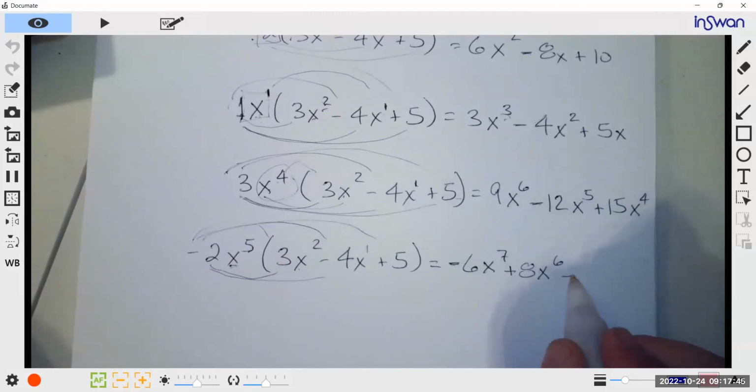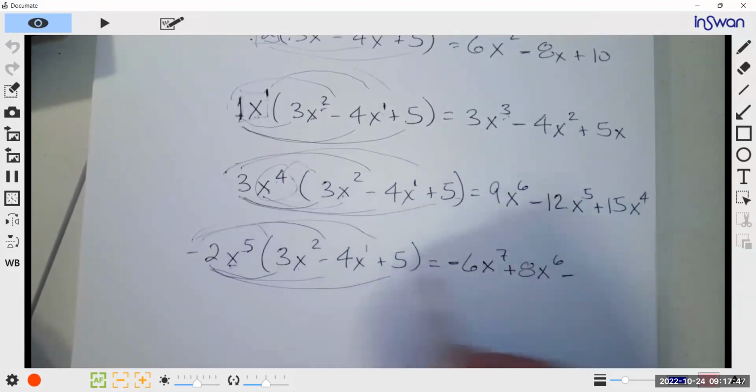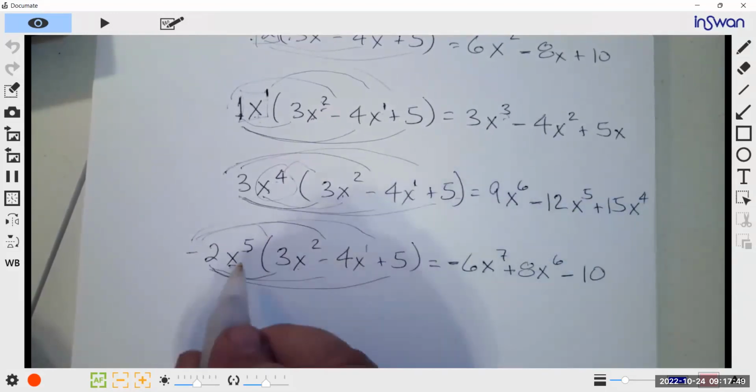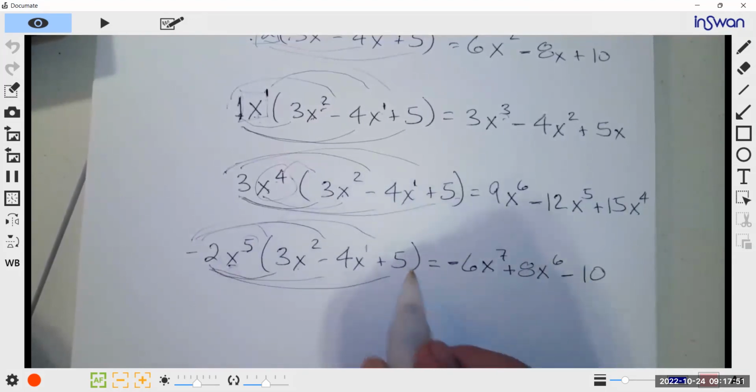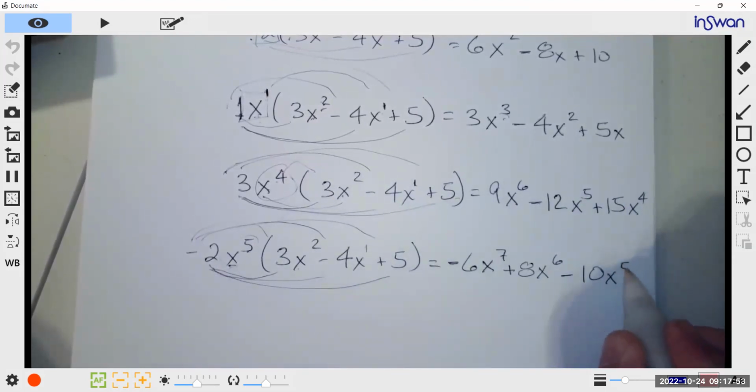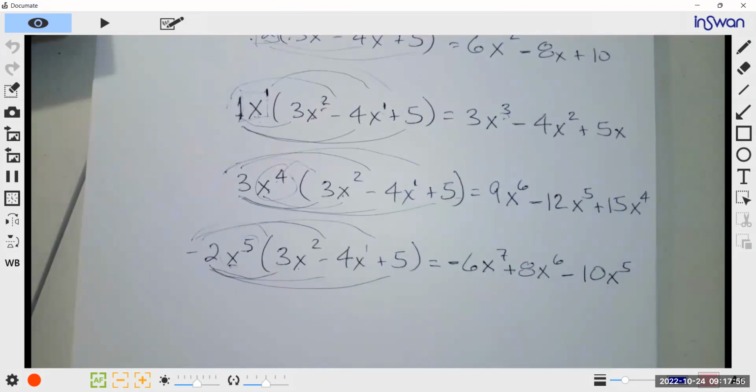Negative times positive is negative. 2 times 5 is 10. I have 5 x's here. No x's there, so I have 5 x's. So that's multiplying by monomials as a coefficient.